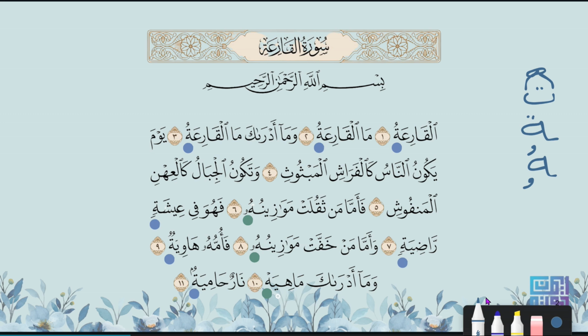And the last one here regarding the ha, it's already a sukoon. I'm going to pronounce it a sukoon whether I stop or I connect. And the last one here with the ta marbuta, it's going to be hamiyah or hamiyatum bismi. I pronounced it a ta when I connected.